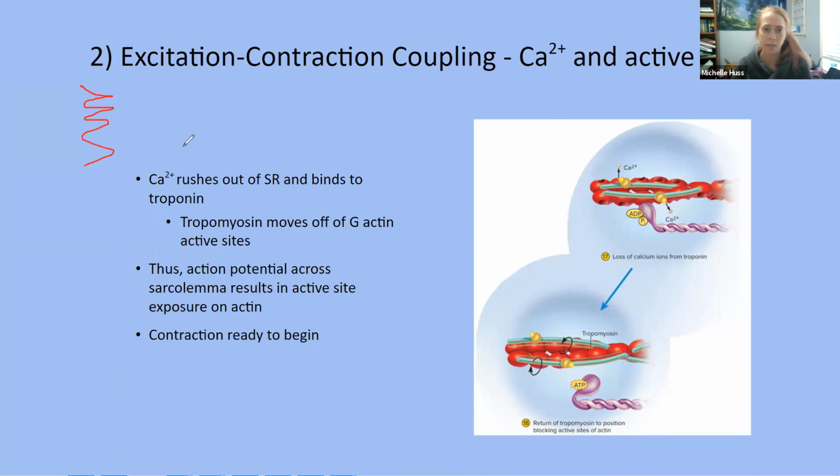You could draw your Z, and you have your H, or the middle line. Sorry, you have some thick filaments, those are myosins. And then you can draw your little actins in. So you could do this if you want to, just like this, okay?